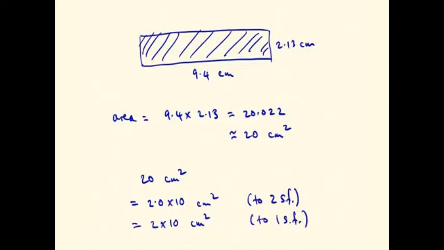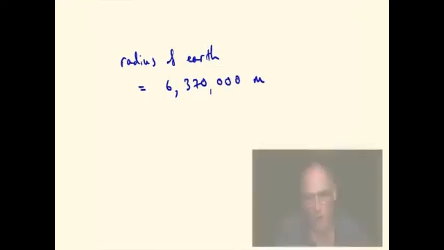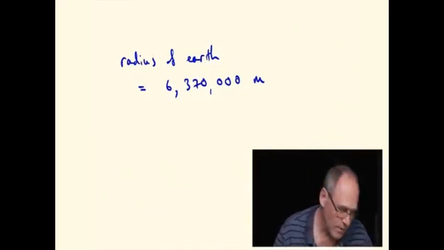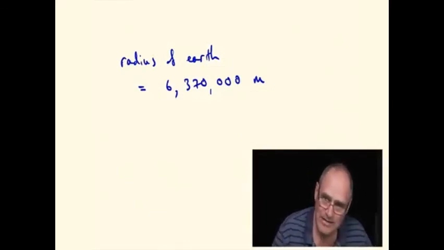So I'll give a more elaborate example. If you look, say, at the radius of the Earth, I believe that's 6,370,000 metres. Okay. Now if I just quote that number to you, you don't know whether any of those zeros are significant in the accuracy of the radius of the Earth.